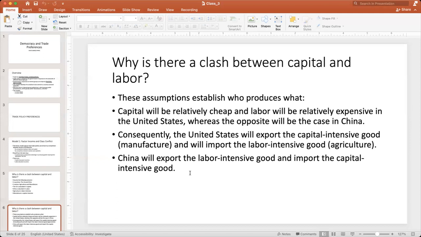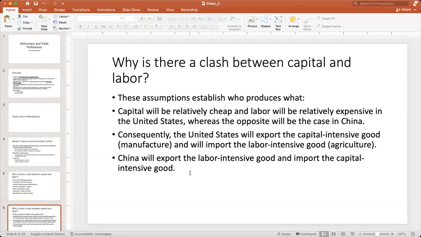Consequently, the United States will export the capital intensive good, manufacture, and will import the labor intensive good, agriculture. Whereas China will export the labor intensive good and import the capital intensive good. Why? Because the prices determine the cost, which defines the opportunity cost.